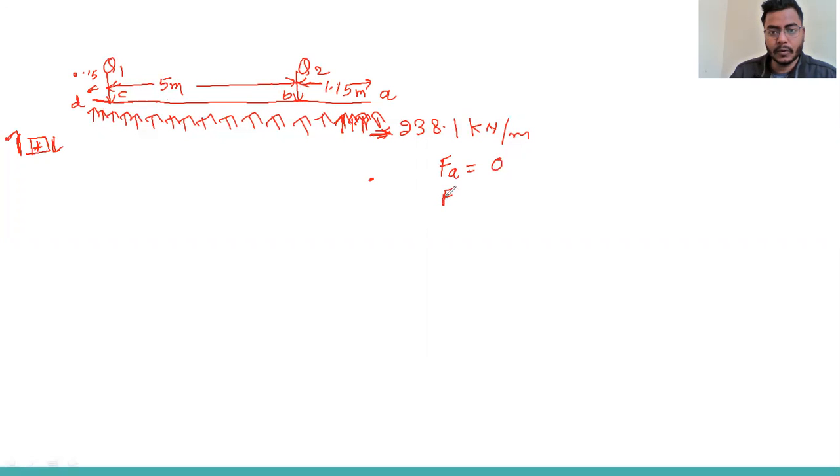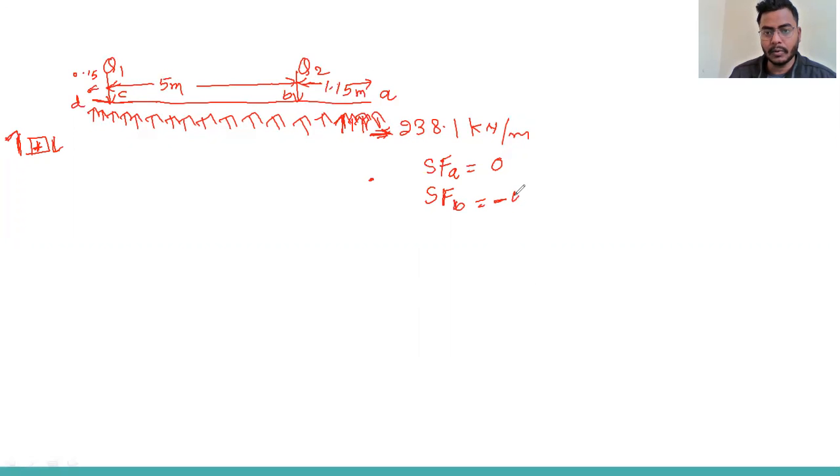Now the shear force at point B. You will see there is an upward UDL acting, that is 238.1. The distance we can calculate, and the sign convention we have taken is downward is positive and here it is acting upward, so that's negative.